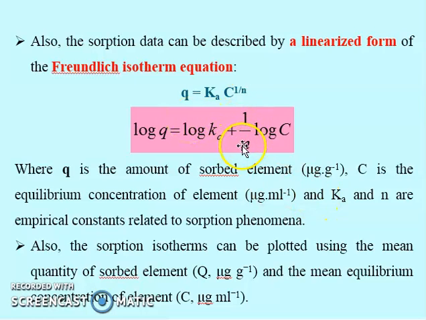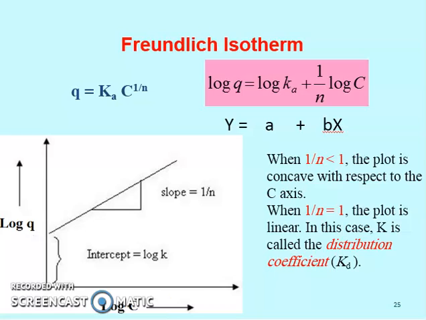If 1 over n is more than 1, then it is favorable, and vice versa. Okay, so imagine that you have log C in a table, a series of log C values, 2, 4, 6, and so on, and a series of log Q values.